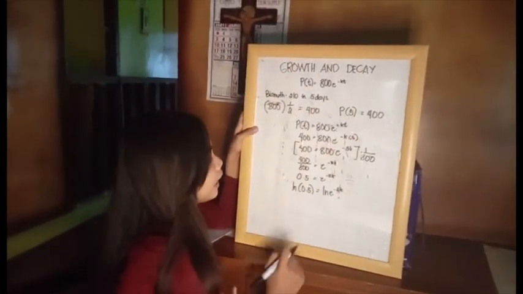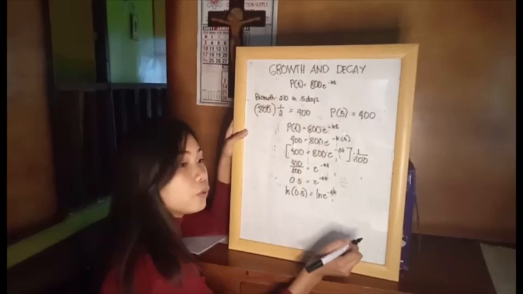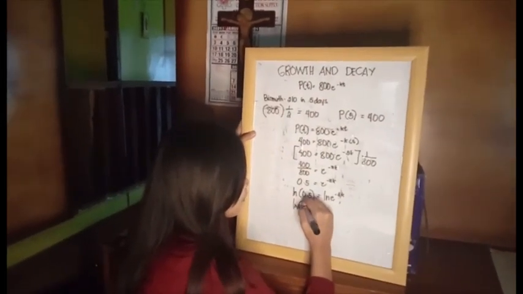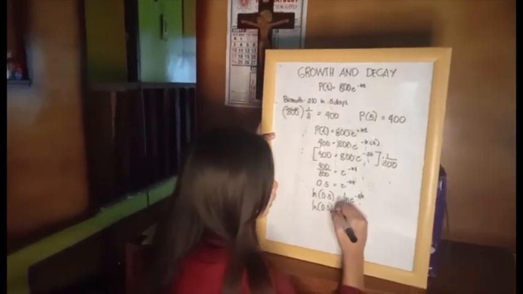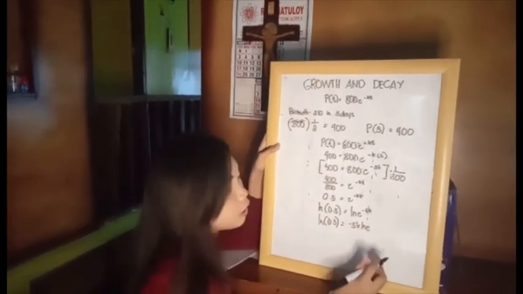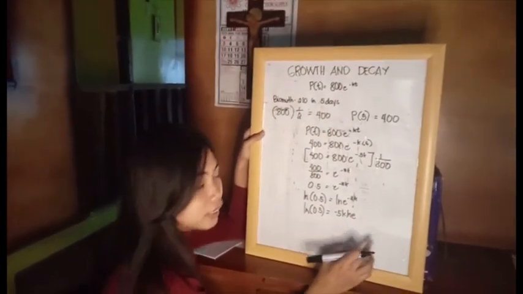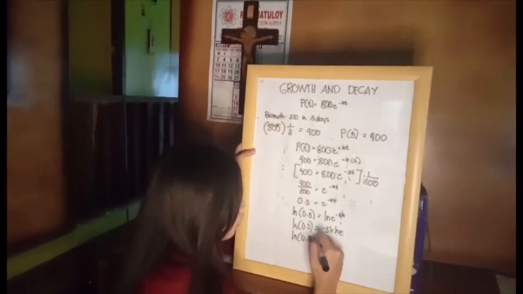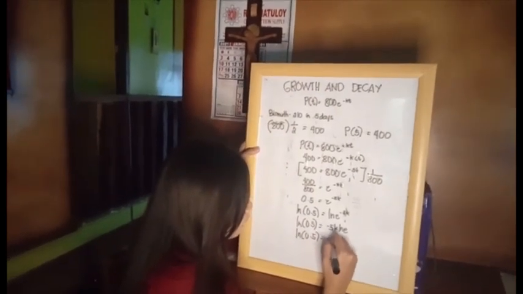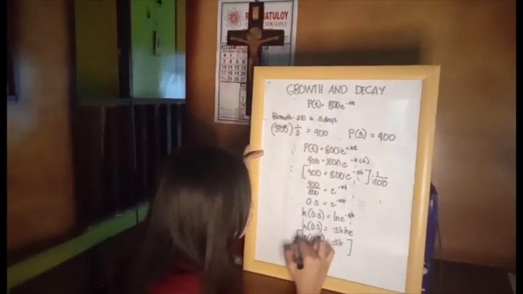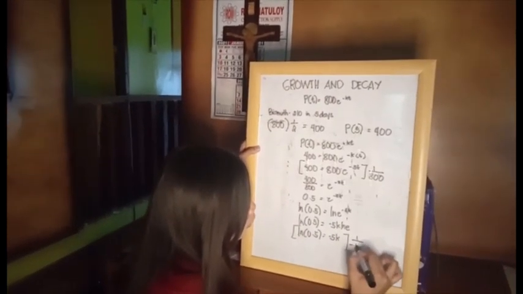So use the property ln b raised to u is equal to u ln b. So ln 0.5 equals negative 5k ln e. As we all know that ln e is equal to 1, so ln 0.5 equals negative 5k. So divide both sides by negative 5.